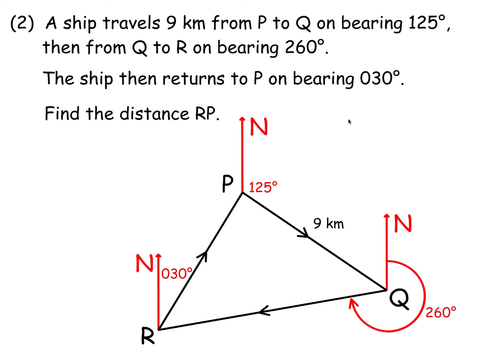Now these kind of questions, the bearings give the angles and it enables you to work out angles in a triangle. It uses F or Z shapes, corresponding and alternate angles. And for parallel lines, and the north lines are parallel, for parallel lines, corresponding angles are equal, alternate angles are equal. You can use either, it doesn't matter which.